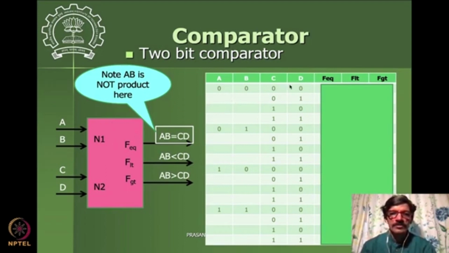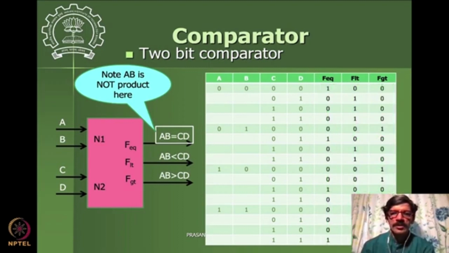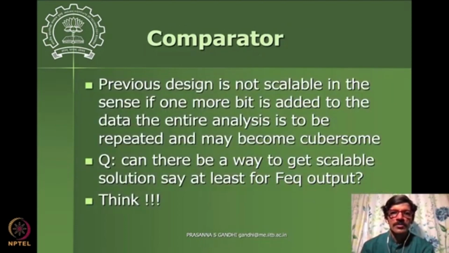The truth table for this will come up something like that. If AB and CD are equal, this will be 1. If they are less, that will be 1. If they are more, that will be 1. So you get 3 outputs coming out of this circuit, based on these 4 input bits. Then you get the entire table represented, and you can find out further what its circuit could be.